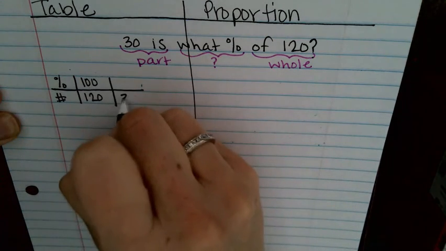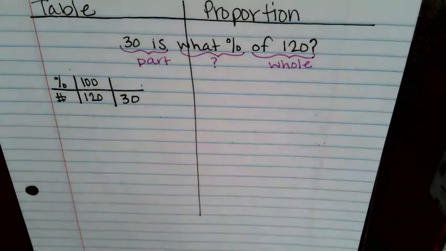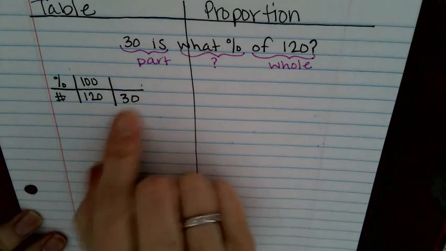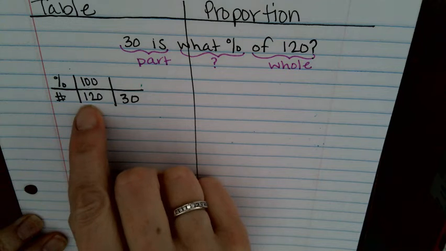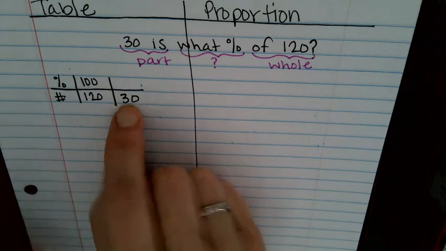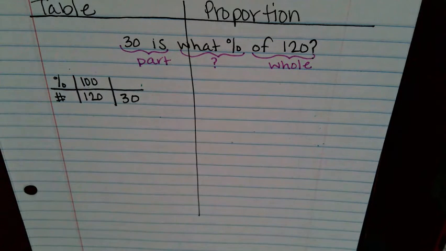I want to know 30, right? What's really nice about this is I could find 1, but I know that I can divide 120 by 4 to get 30. Okay, that's one shortcut.